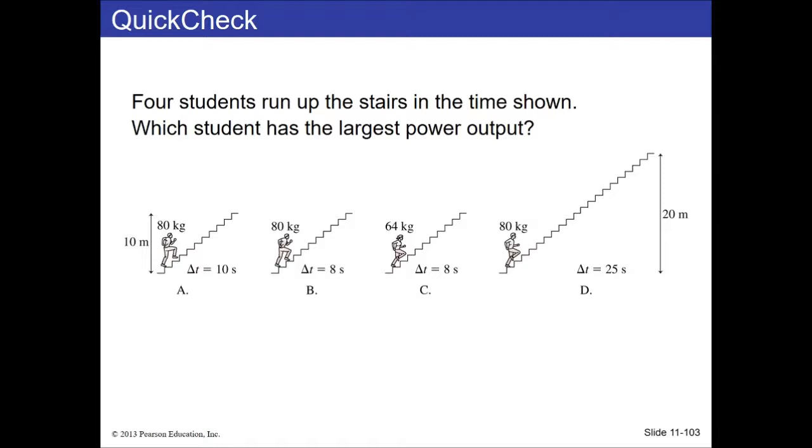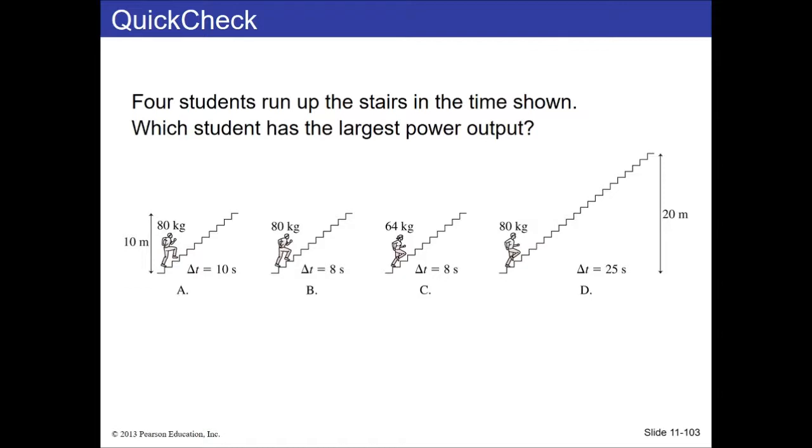That's the key here. And the change in energy is an increase in potential energy. So for each one of these students, you can characterize their increase in potential energy, right? You have their mass times 9.8 times the height that they go up the stairs. It's not the distance they travel, it's just the height that they go up, because that characterizes the change in potential energy. So you can work that out for all of these things.